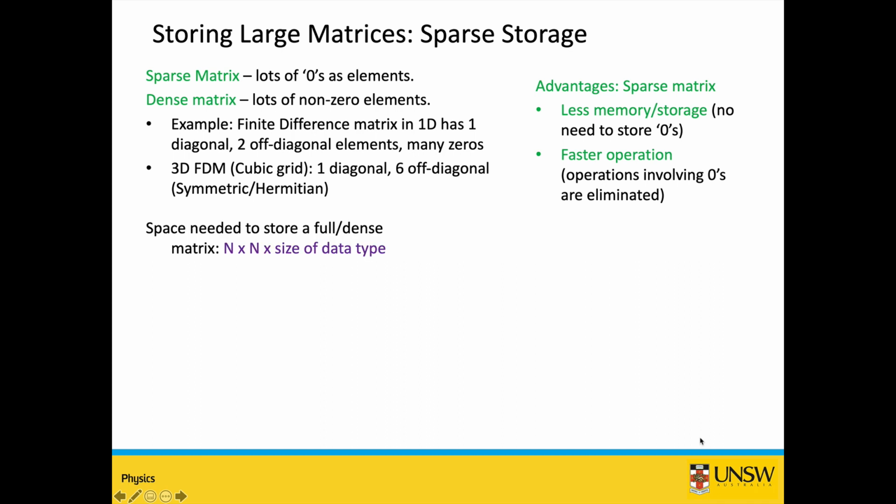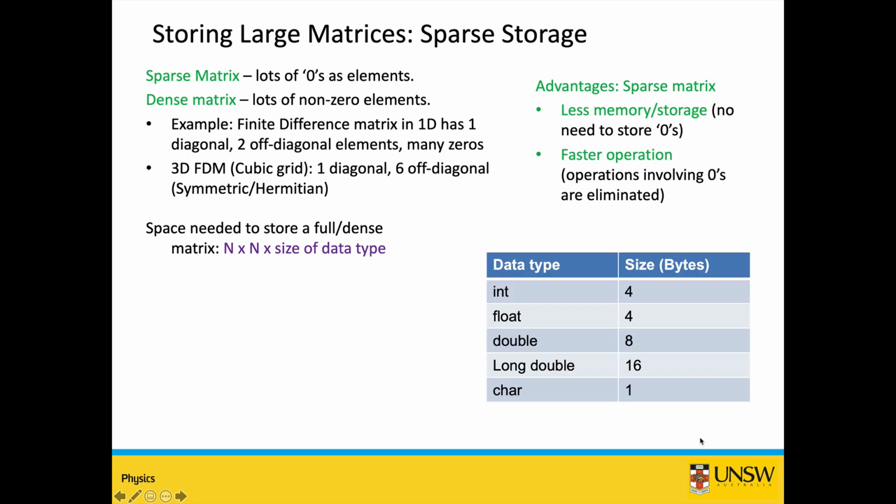And let us look at an example to compare how the storage requirement differs between a sparse matrix and a dense matrix. Suppose you are given a dense matrix of size n times n, and suppose you are storing some numbers there of a certain data type. You can have a lot of different data types in computing.